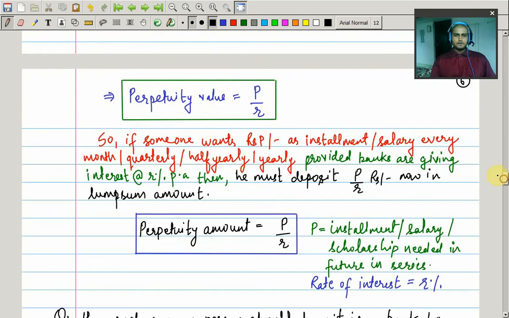That's P upon r. So the formula for perpetuity is P upon r, where P is the installment you want in future and r is the rate.